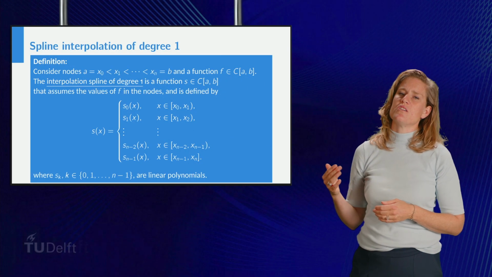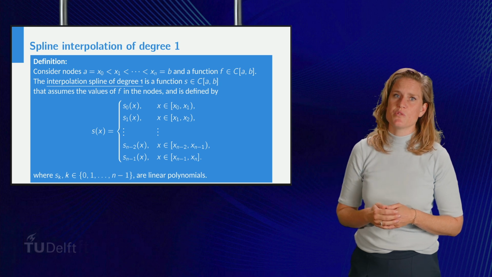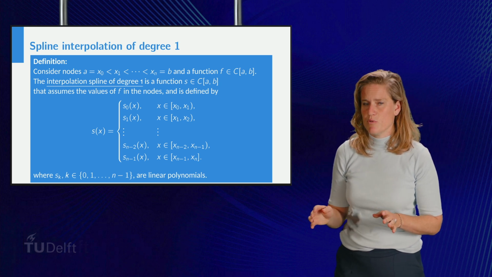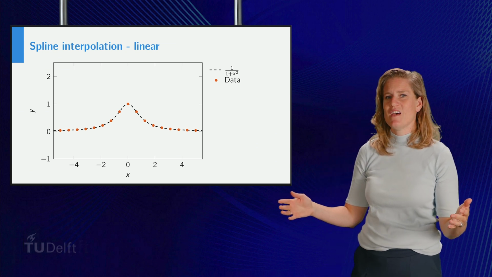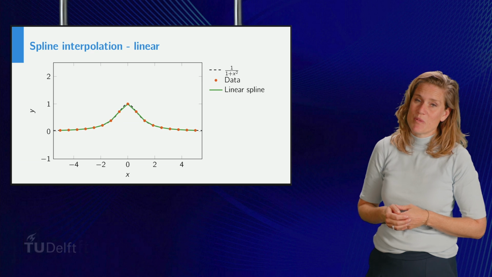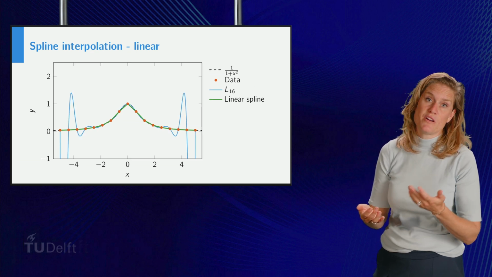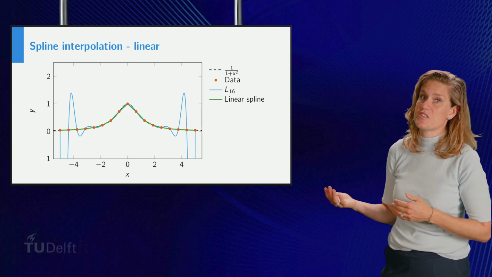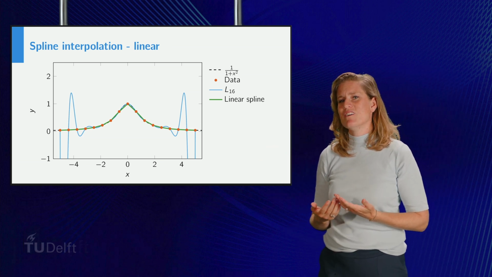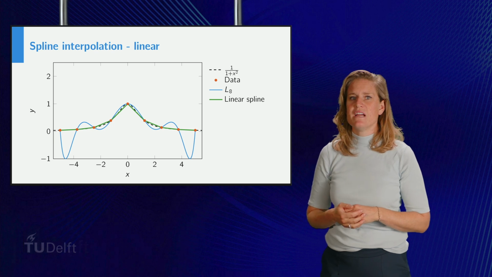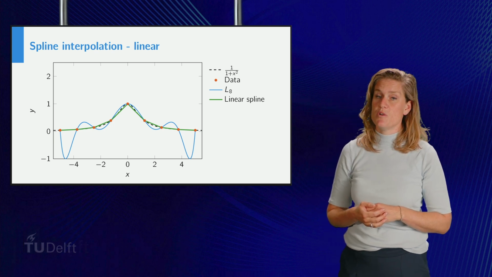When we're going to plot these piecewise polynomials using the 17 data points seen earlier, we get the following approximation. As you can see now, the spline of degree 1 is a better approximation compared to the L16 with all the oscillations seen earlier. Even more, for 9 nodes, the spline already outperforms the Lagrange polynomial.